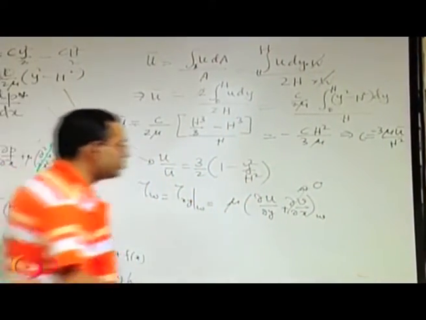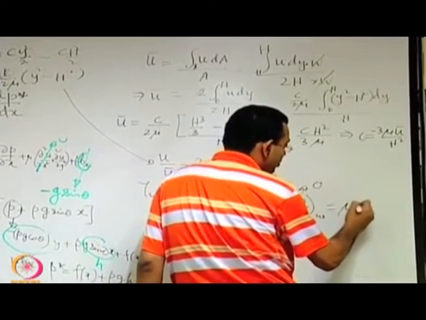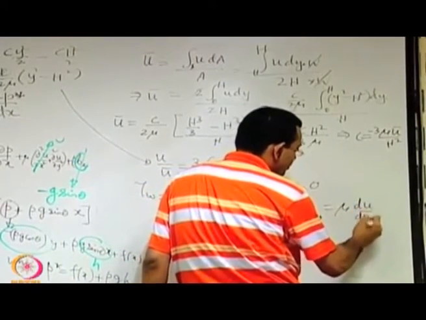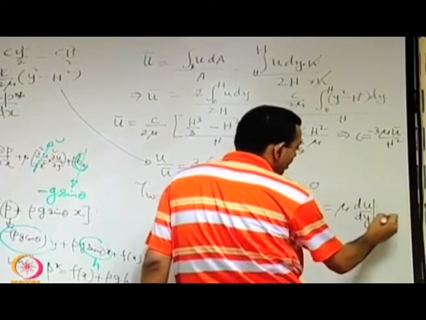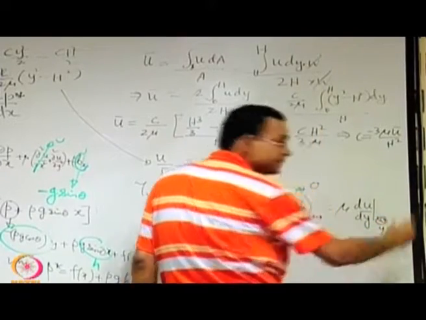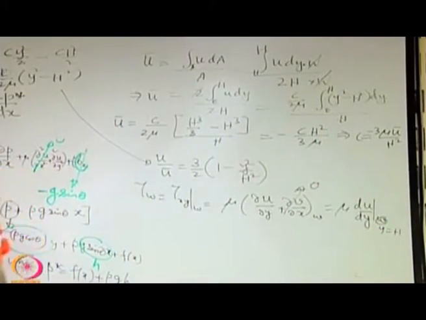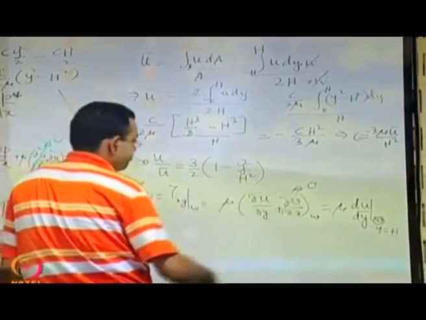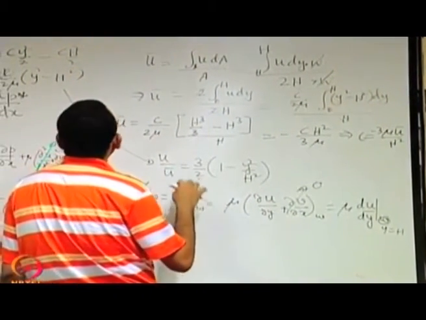So it is as good as mu du dy, because u is a function of y only, mu du dy at the wall means you have y equal to h. So what is mu du dy at y equal to h? So you find out what is du dy.